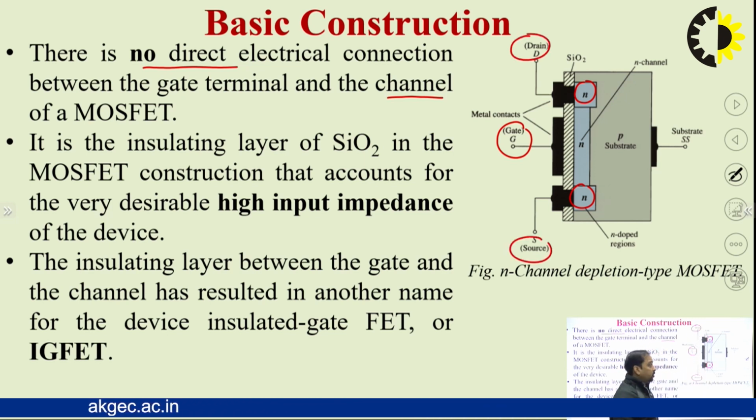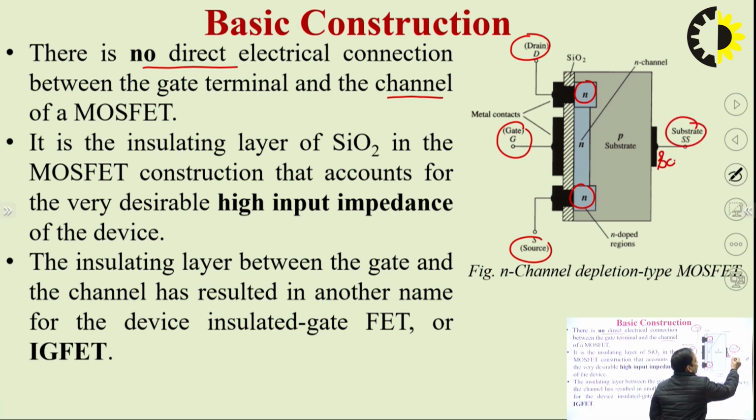And we have the substrate, which is also termed the body. The overall terminals are basically embedded on the body. This is called the SiO2 layer, which acts as an insulator between the gate terminal and this, which is called the channel.